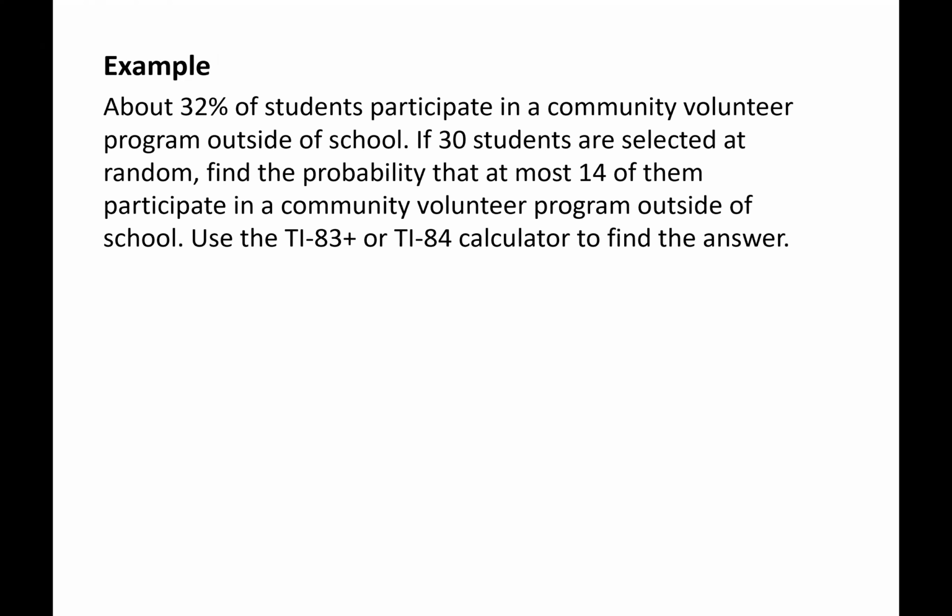So what we're interested in is at most 14. So that means less than or equal to 14. So we're interested in the probability that x takes on a value less than or equal to 14. So now let's write our binomial distribution. So this is binomial. We have 30 students that we're looking at. So the number of trials is 30.